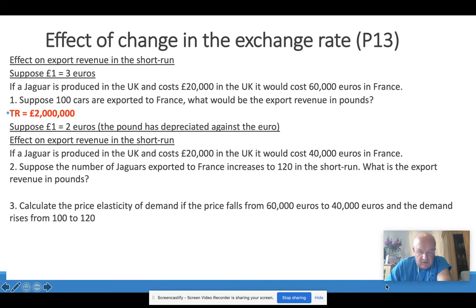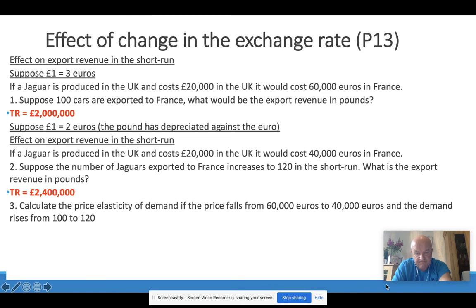Because the price has fallen, we've got a higher level of demand for Jaguars in France. So we've got 120 being demanded as opposed to the original 100. Although the value of the pound has dropped, the total revenue we've generated is £2,400,000, because we've got the extra 20 exported cars.